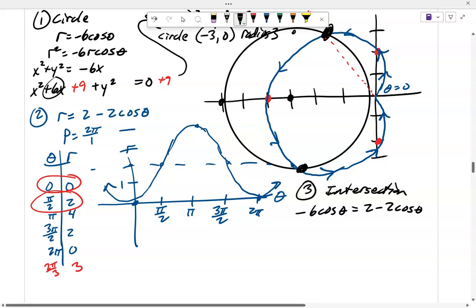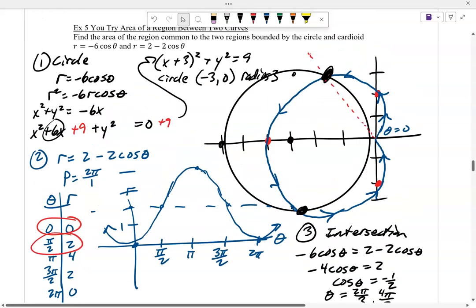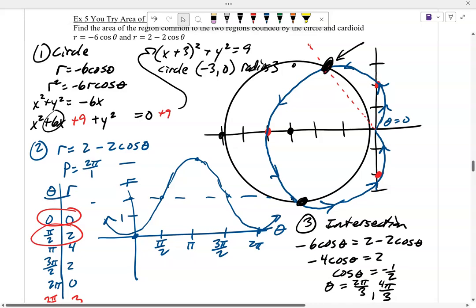Let me add 2 cosine theta to both sides. I get negative 4 cosine theta equals 2. Where's cosine theta equal negative a half? At 2 pi thirds and 4 pi thirds. So this is right here, that point, theta being 2 pi thirds. And this is the point, theta being 4 pi thirds.